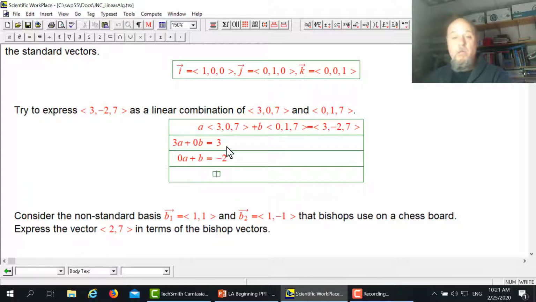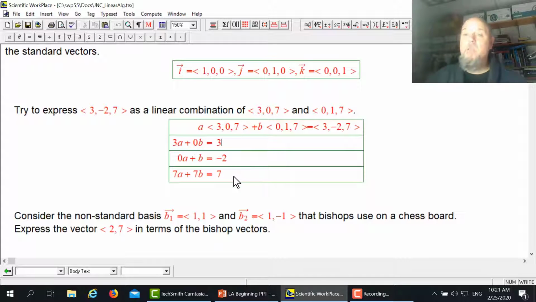And the third equation is 7a plus 7b has to equal 7. So the first equation is from the x components, the second equation is from the y components, and the third equation is from the z components.